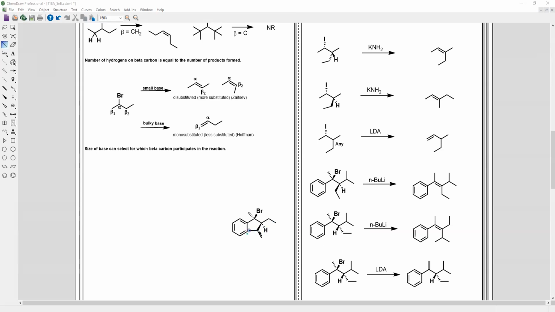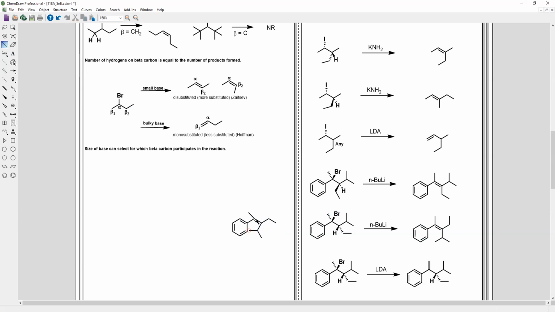Okay, and so if we do it from here, now this Br and this H are in the anti-periplanar state. Then I could get rid of the H and the Br, give them a double bond, and then planarize everything. And if you look, this is exactly the answer that this one is.